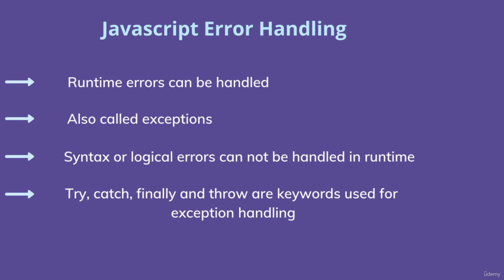How? We will use some keywords for that: try, catch, finally, and throw. Each of these keywords has a different significance. All the suspected code which I think may cause some exception, I will put inside this try block. If that gives you an exception, it can be handled by the catch block.